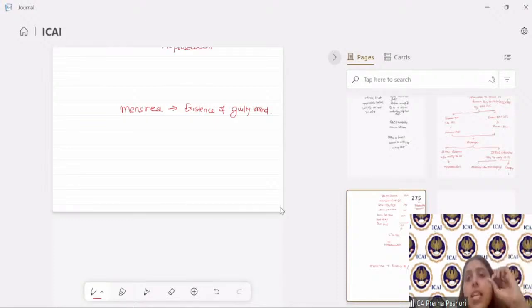At the first place, a presumption is created that whosoever has committed an offense has committed it with that guilty mind, and it is for the accused to disprove that presumption.